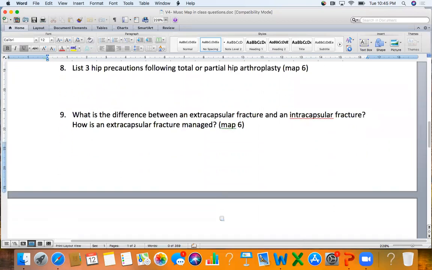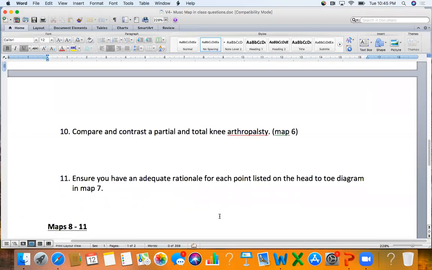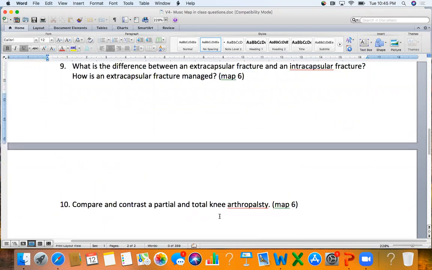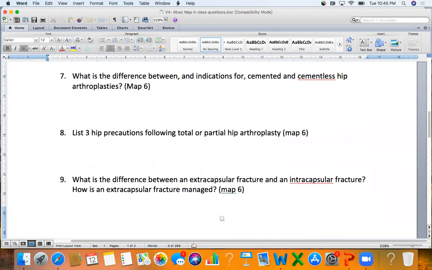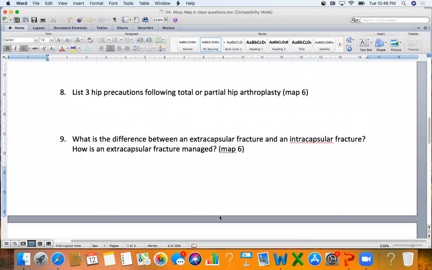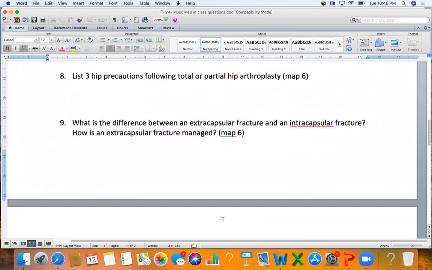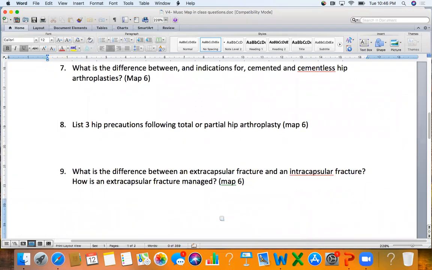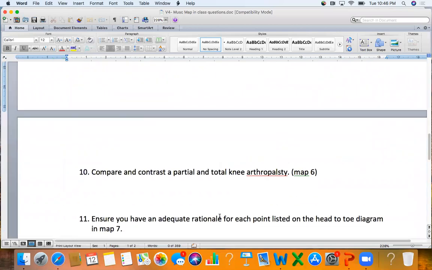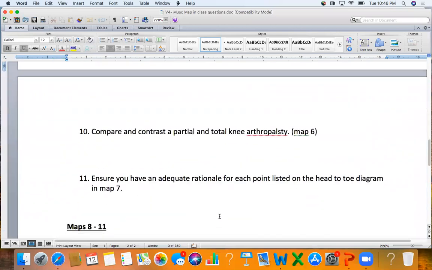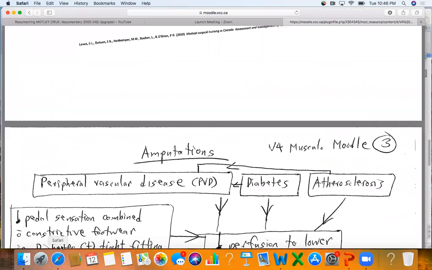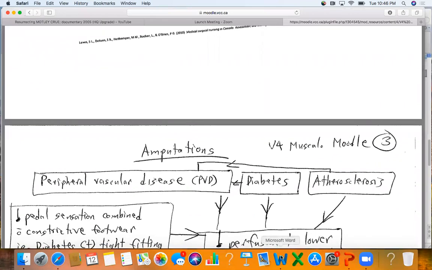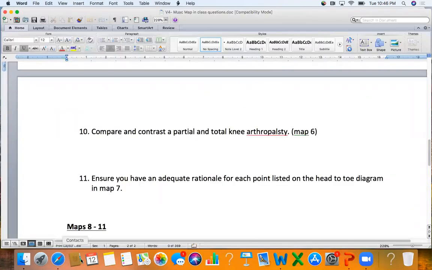So, compare and contrast total and partial knee arthroplasty. And that was map number 6.